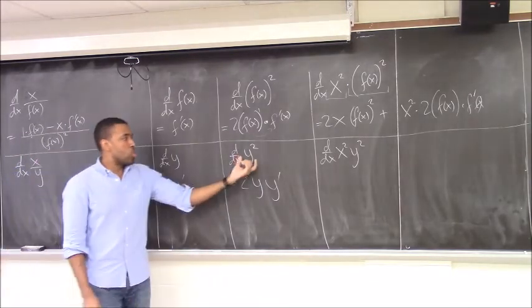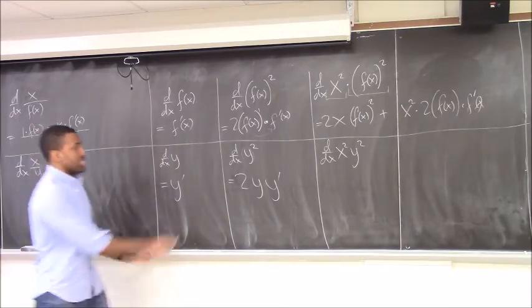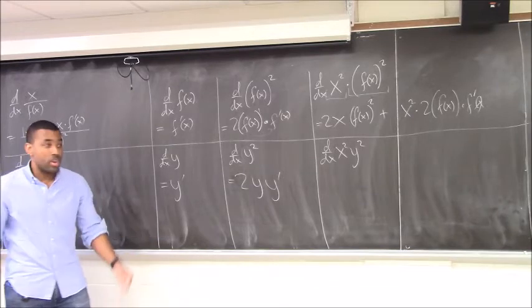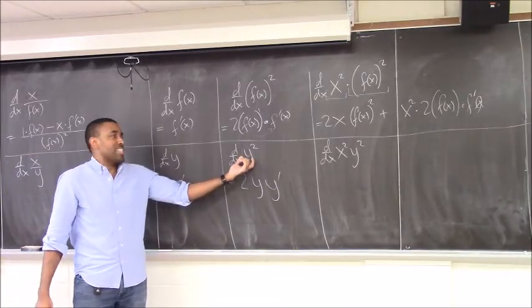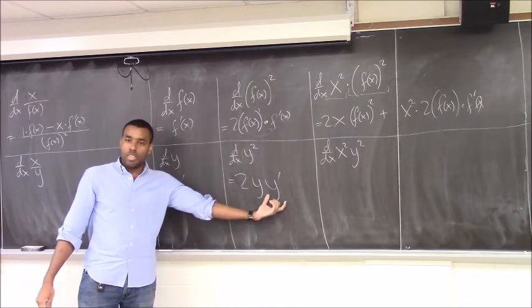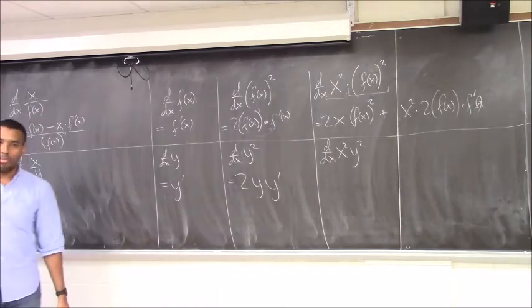This y is not a single variable, it's not your independent variable, it's not an x. Which means you have to think of it as some other function that you don't know what it is. But that just means now it's an inside function. So you just differentiate the outside, multiply by the derivative of the inside. So whenever I differentiate a y term, I multiply by y prime.